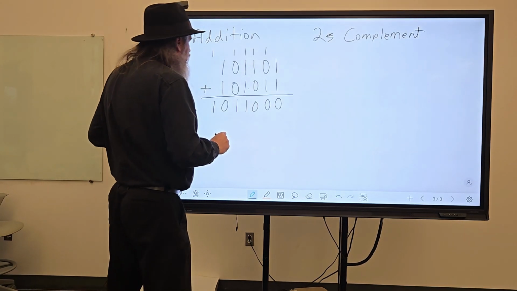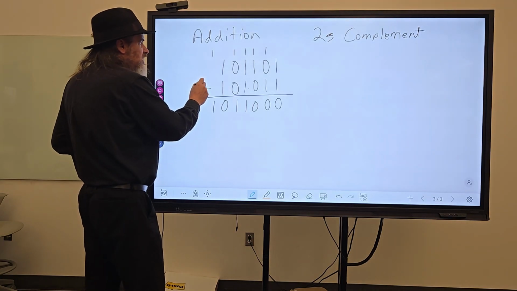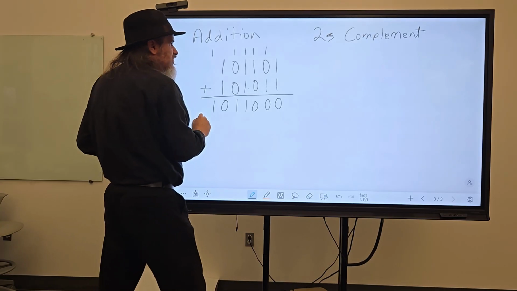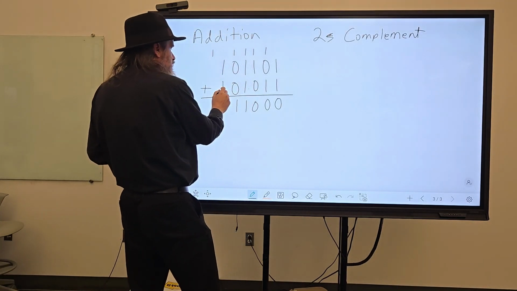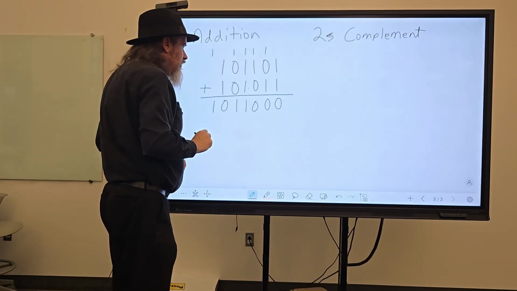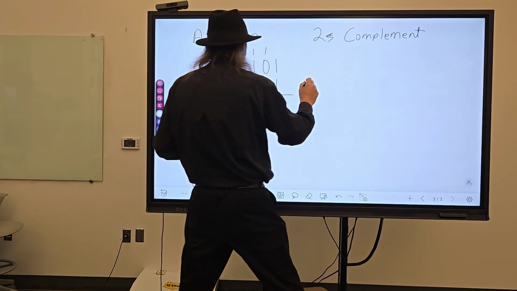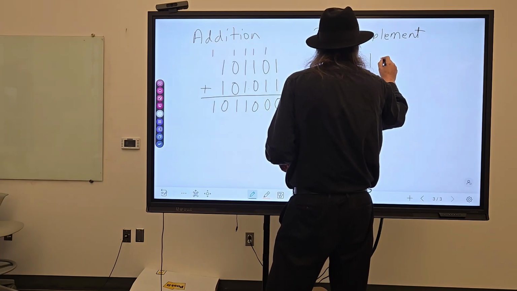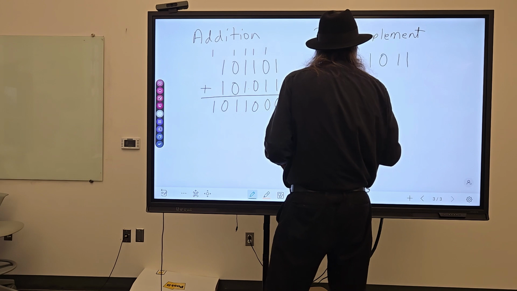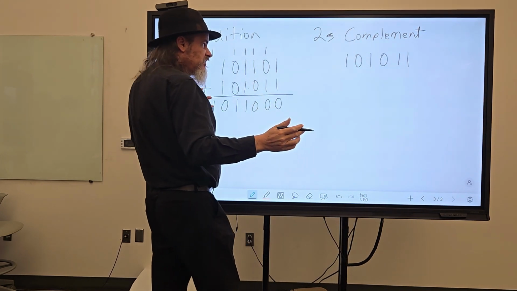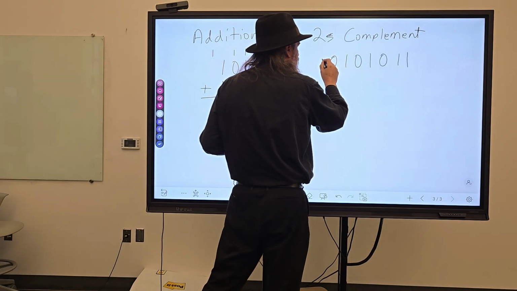So rather than adding these two numbers, let's subtract them. First, make this number a negative number using 2's complement. So take it over here. 1 0 1 0 1 1. That's 6 bits. Let's make it 8 bits with leading zeros.